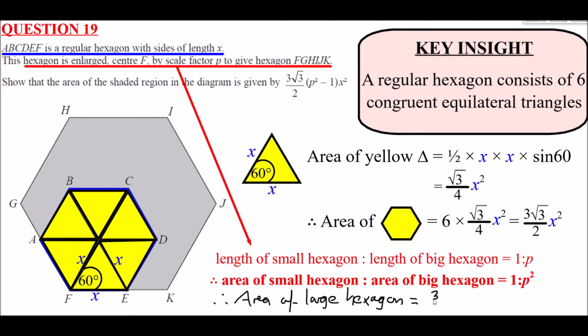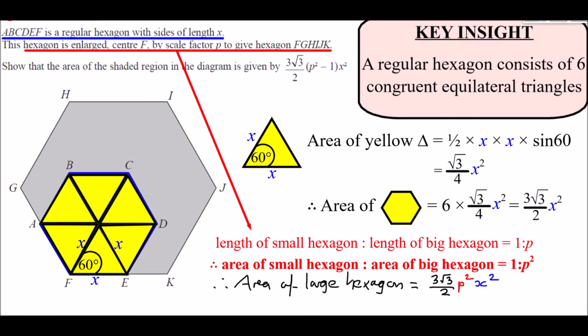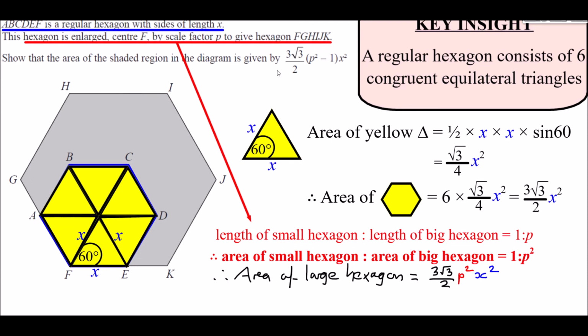So it's going to be 3 root 3 over 2 times by p squared. So instead of just being that times x squared, it's now p squared x squared. So we've got the two main bits now. We know the area of the yellow one, which is this, and the area of the larger one, which is that.